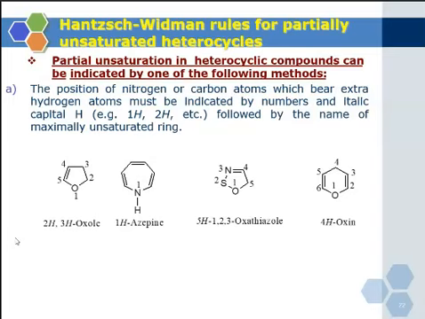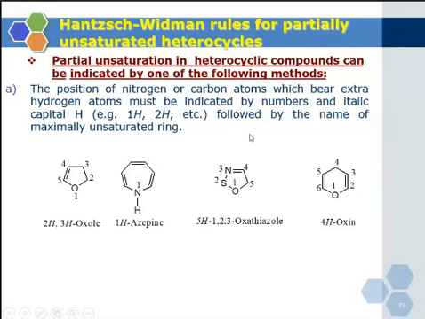First is the position of the nitrogen or carbon atom which bears the extra hydrogen atom, and it must be indicated by numbers and an italic capital H. For example, if at some position one hydrogen is attached, the presence of one hydrogen is denoted like this. If two hydrogens are attached, we will write it like this.